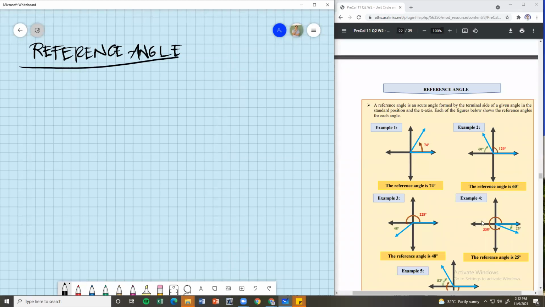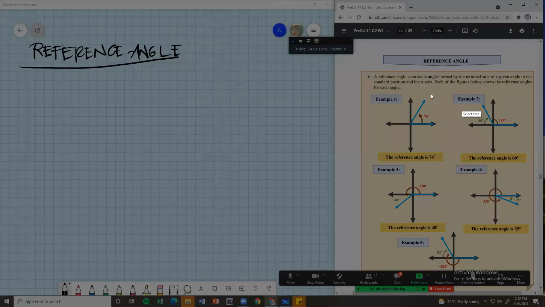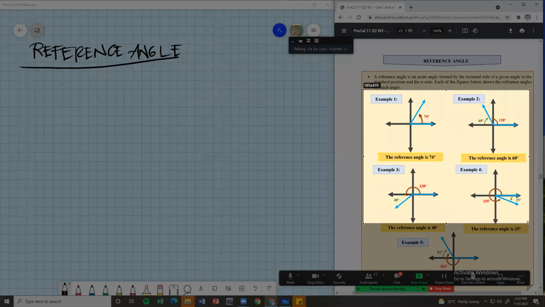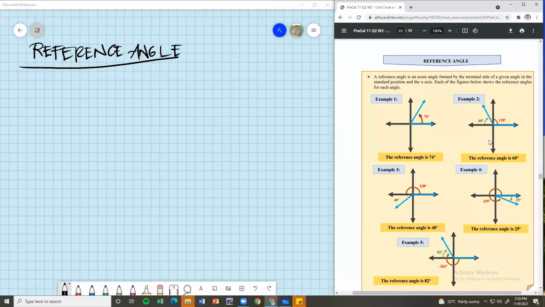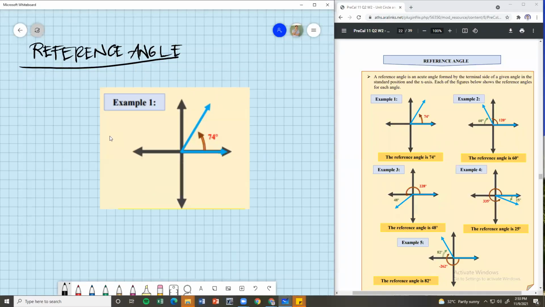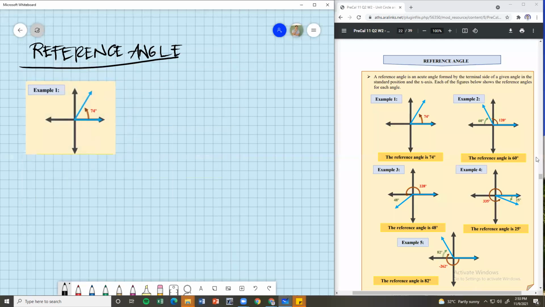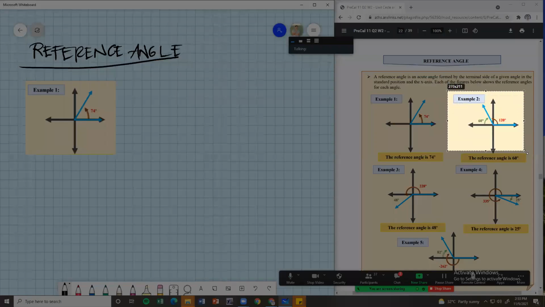Okay. Reference angle. Let's do this. Instead of drawing these different figures, let me just get them. Okay, we have this first example. And then another example.